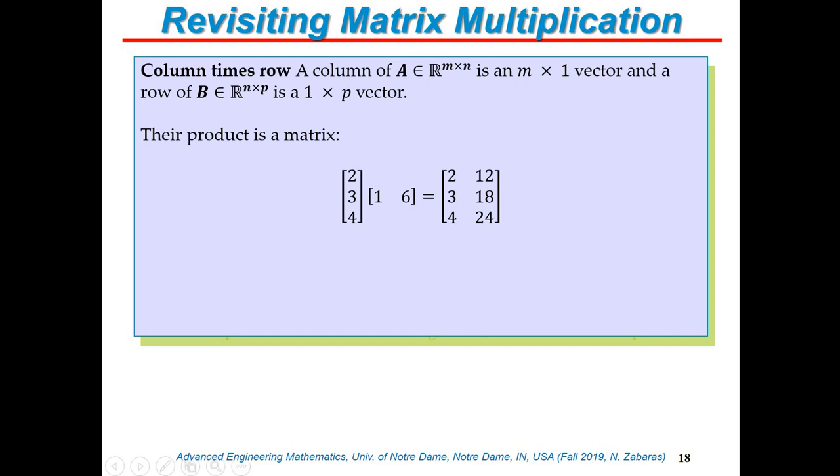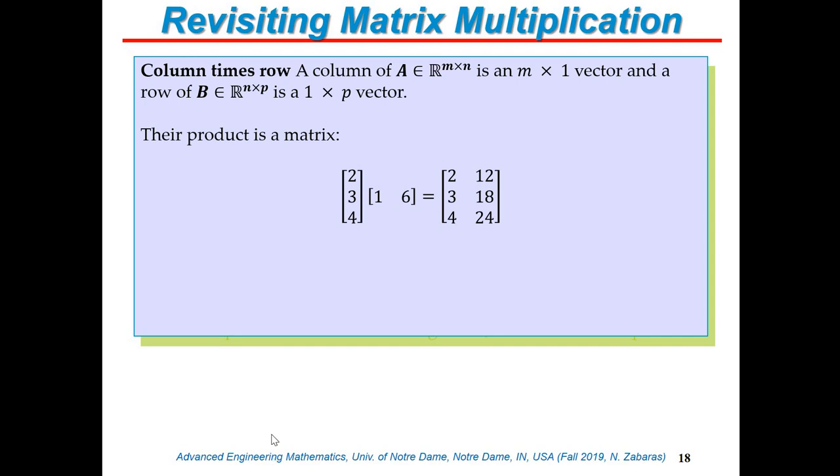This column here, 12, 18, and 24, is 6 times the first column, which means that the rank, the dimensionality of the column space, is 1. There is only one independent vector in the column space. Similarly, if you look at the rows, you will notice that all the rows of this product are multiples of the row of the matrix B.